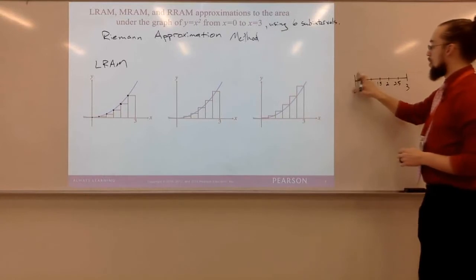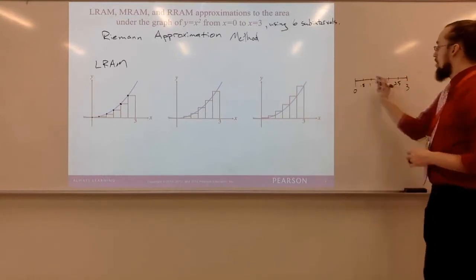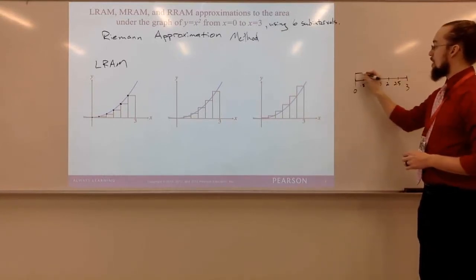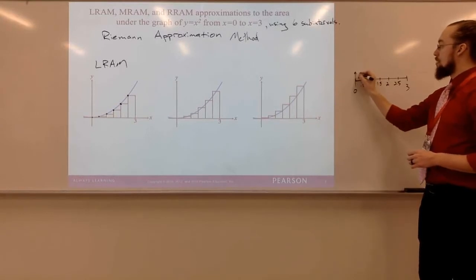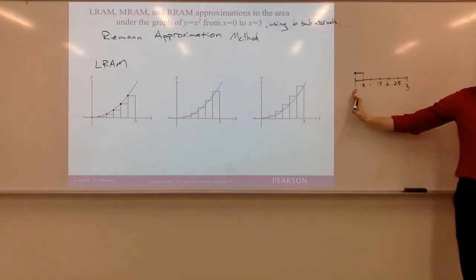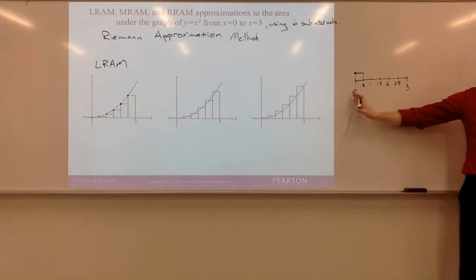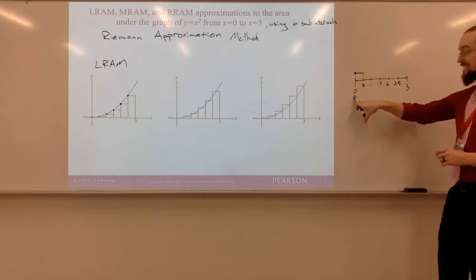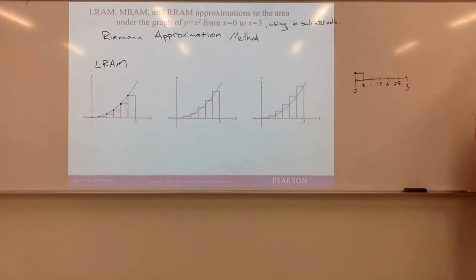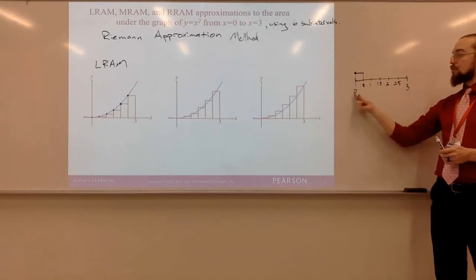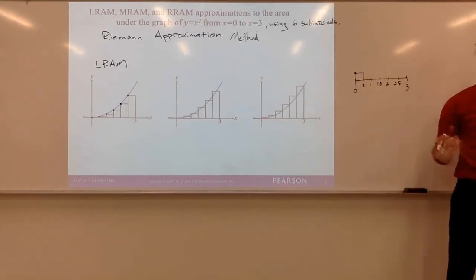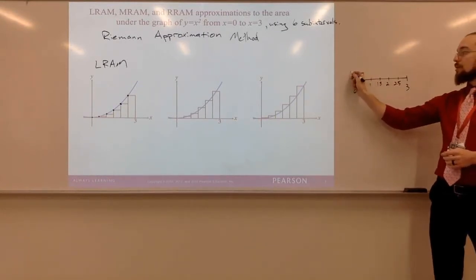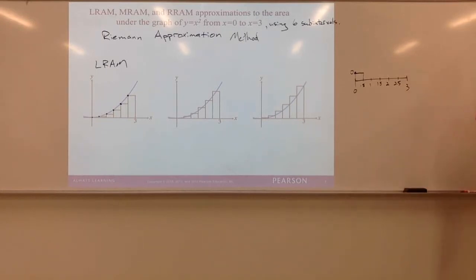I take its height by plugging the left point into the curve, so plugging 0 into my function. What is the height of this first rectangle? 0, right? 0 squared is 0. So this height is 0.